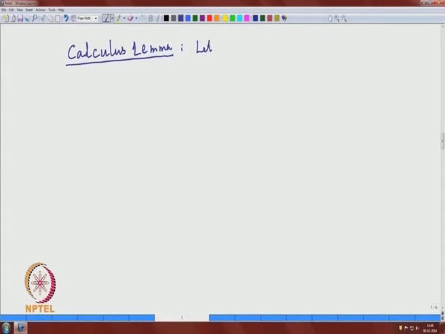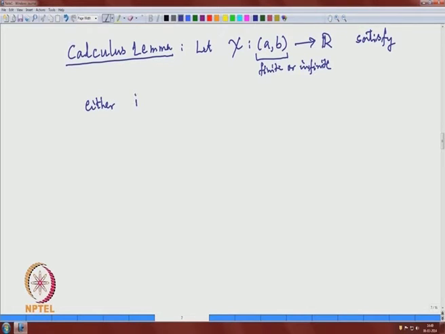So, let chi be a real valued function defined on the interval (a, b), and again this may be finite or infinite, it does not matter. Satisfy these assumptions on the function chi, either one of these two.